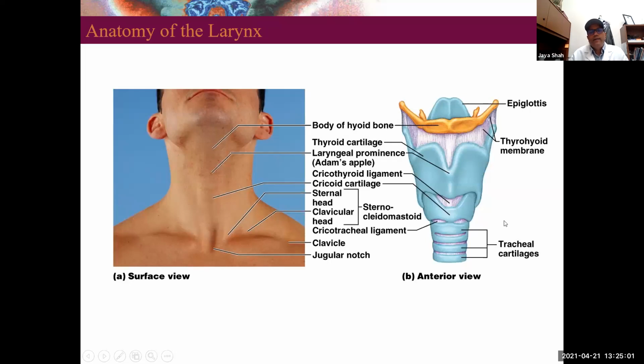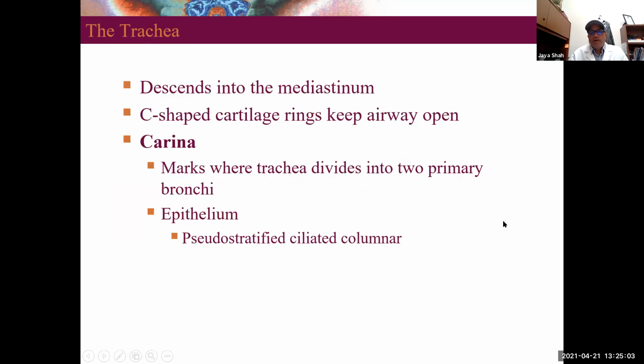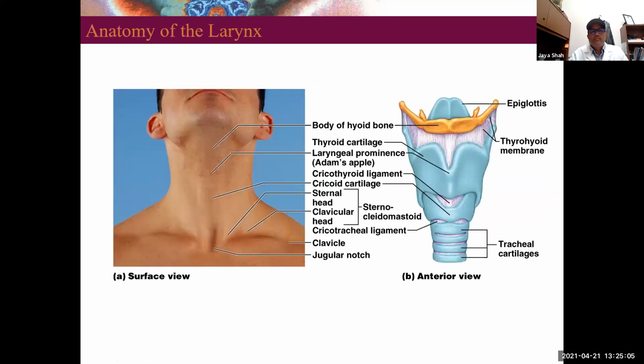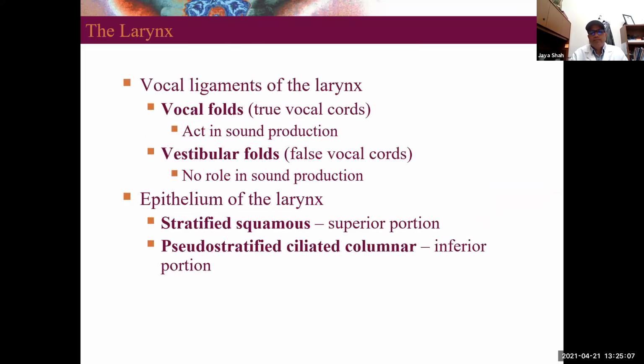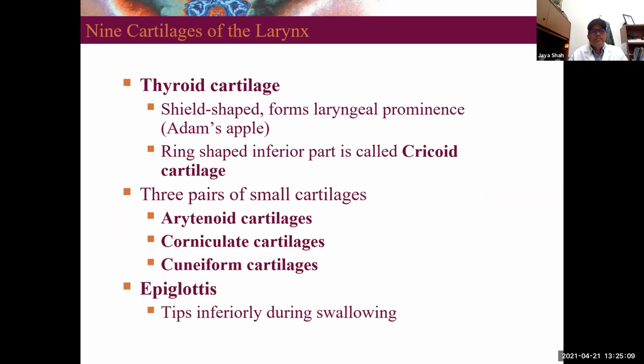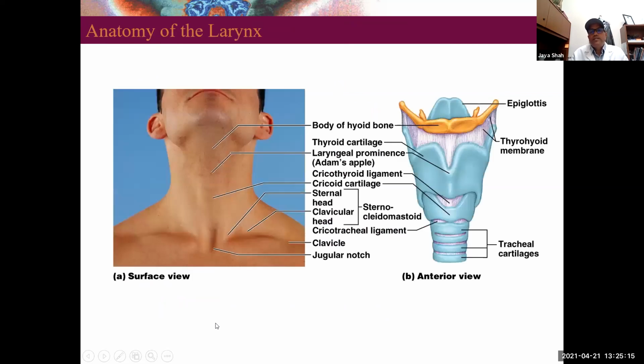Okay. These cartilages, and then the epiglottis. The epiglottis is here. So altogether they are 9. Let me show how you count them.